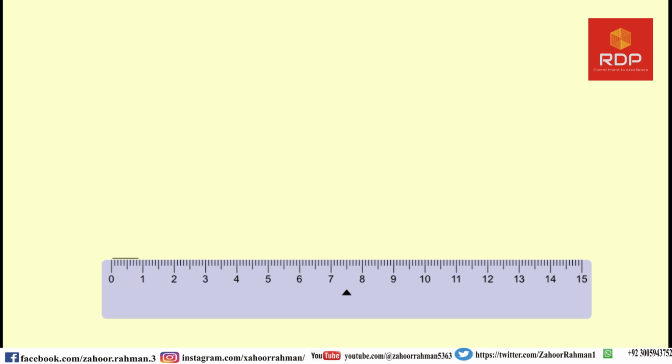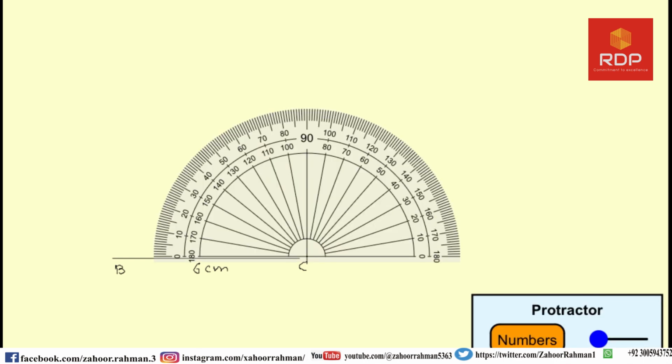So let us first draw a 6 centimeter line, and then I label it BC, and I also write 6 centimeter. Now the next job is to draw an angle of 80.